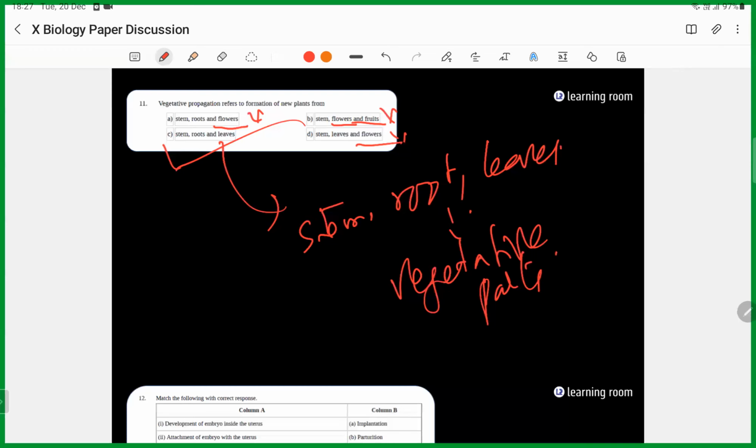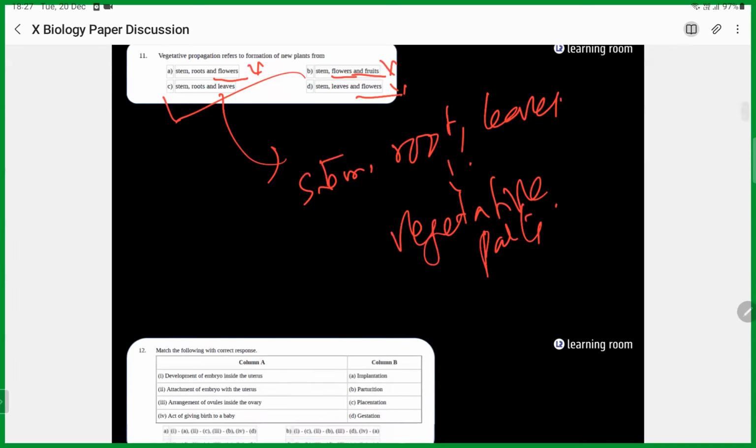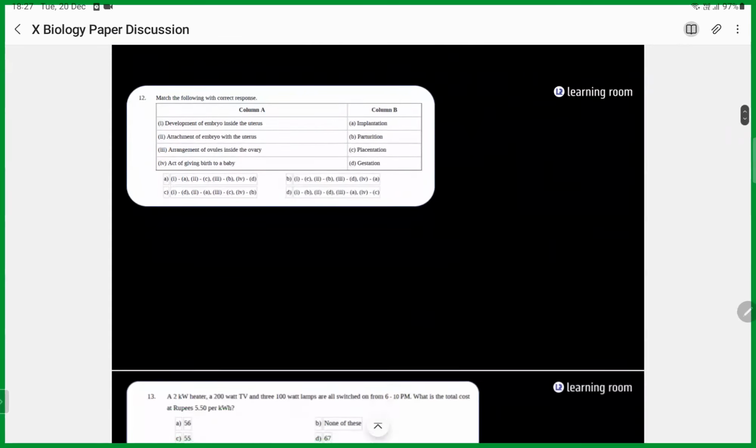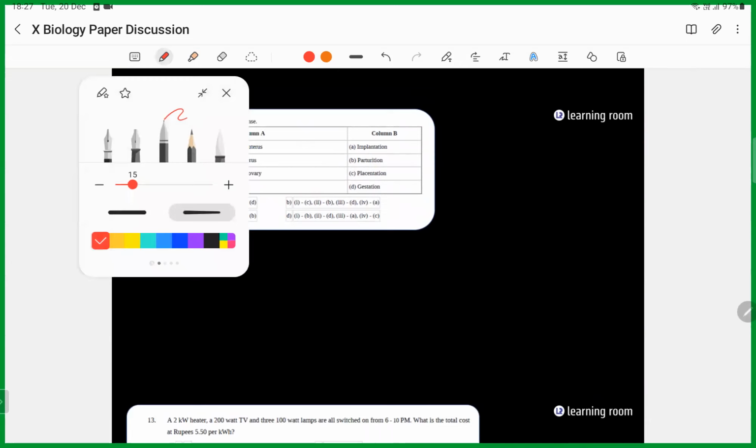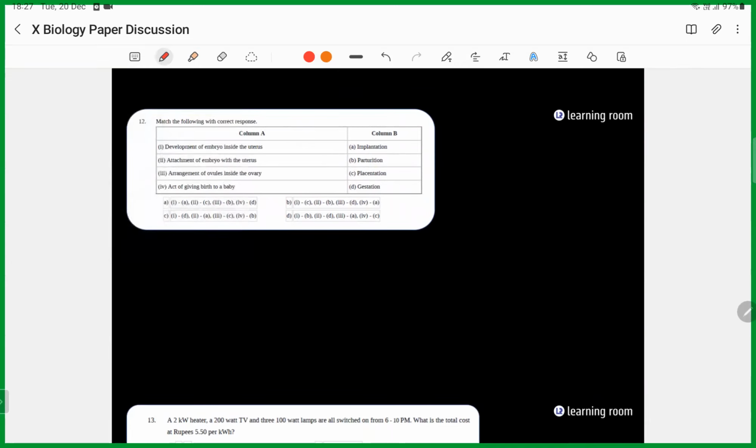And then, match the following. Development of the embryo inside the uterus, what is it called? Gestation.